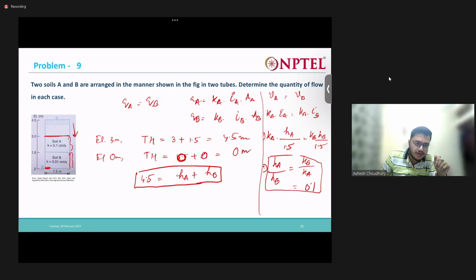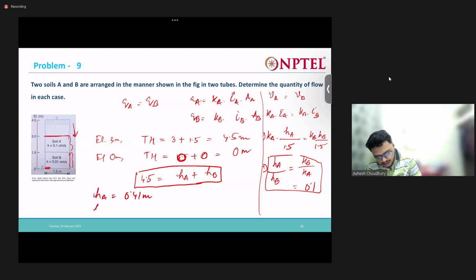If I solve these two, I can get HA and HB. I will get HA as 0.41 meter and HB as 4.09 meter.